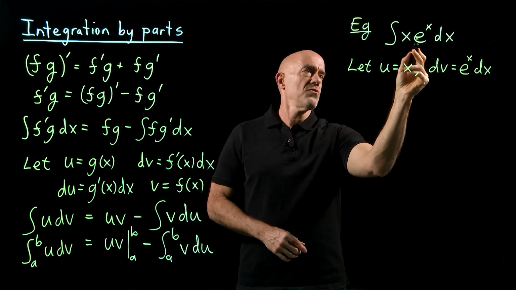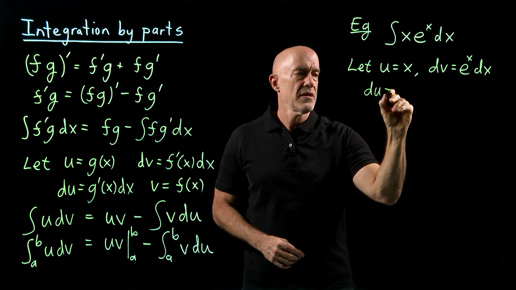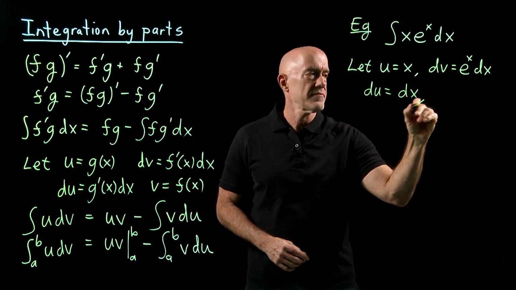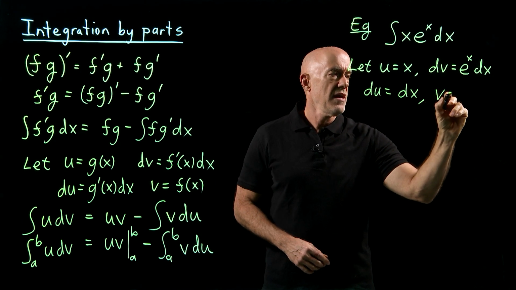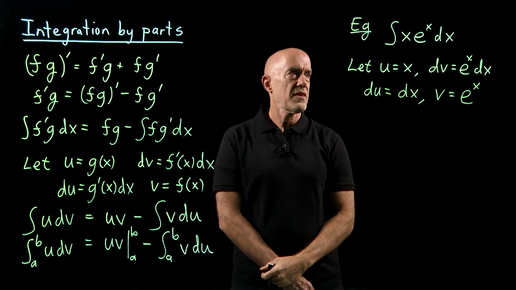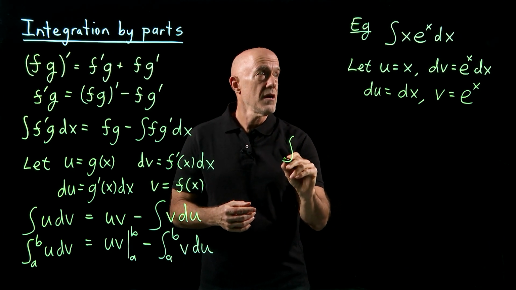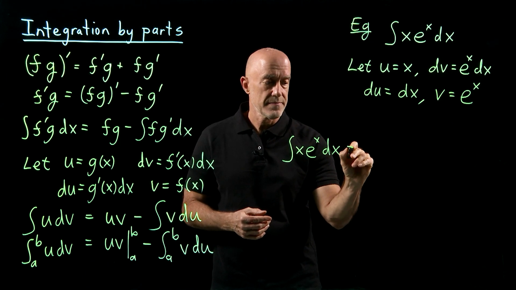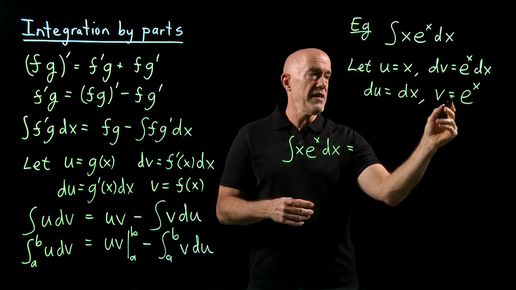So then we have a u and we have a dv. Then we take the differential, so du is the derivative of x times dx, which is just dx. And the integral of e to the x dx gives us v, and we know that the derivative of e to the x is e to the x. So putting it together, we have the integral of x e to the x dx becomes uv.